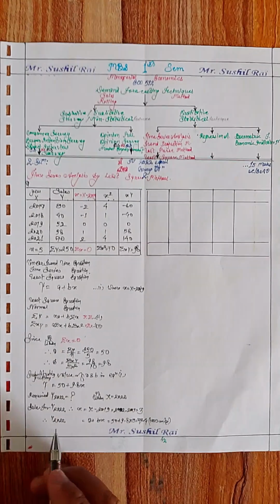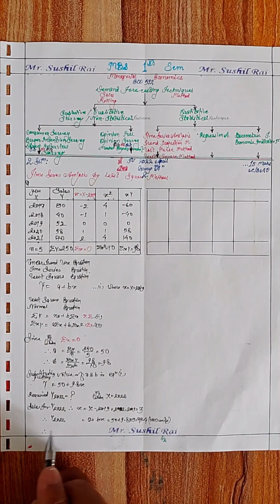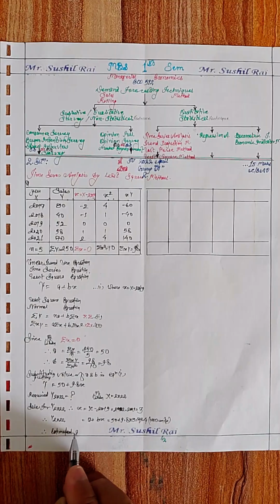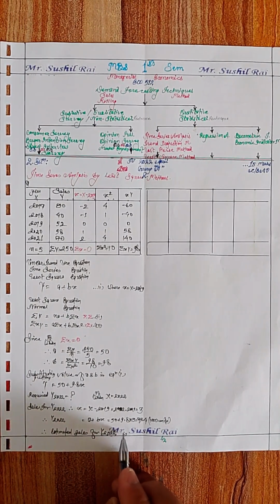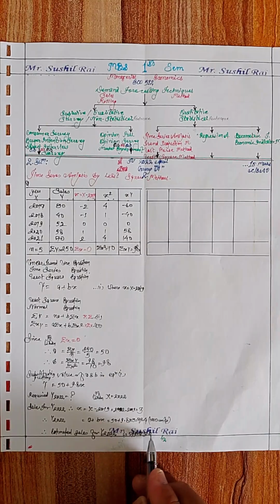Therefore the estimated sales for 2022 is 79.4 thousands.